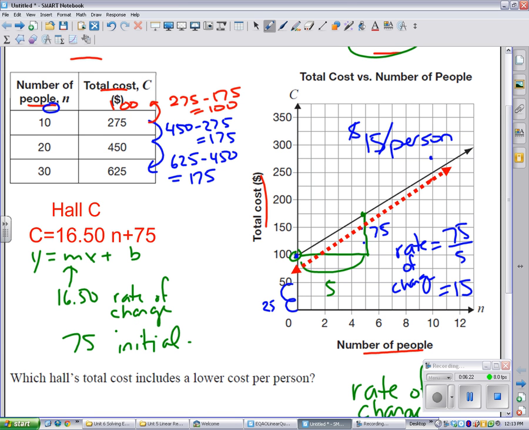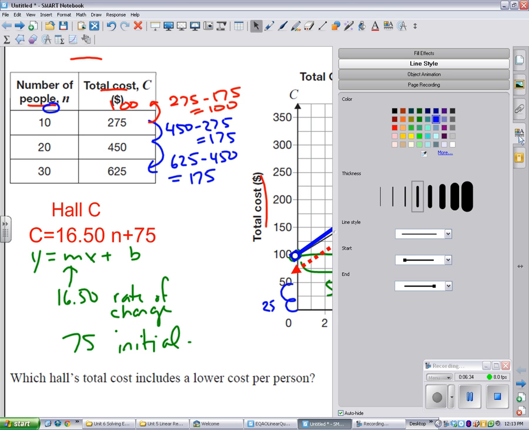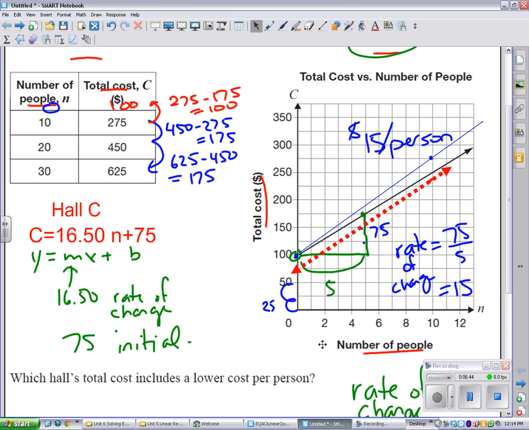So I can plot that point here, and I can join up my line from there to there, extending. So I have Hall A and Hall C, and the black one is Hall B.